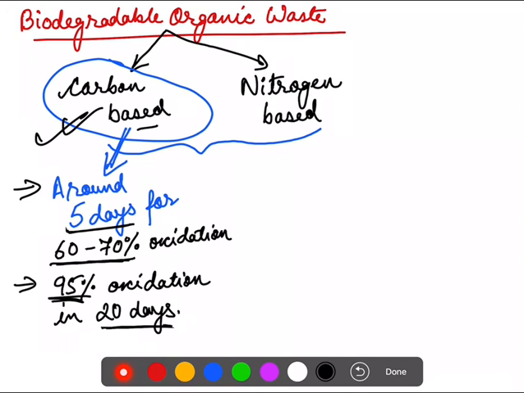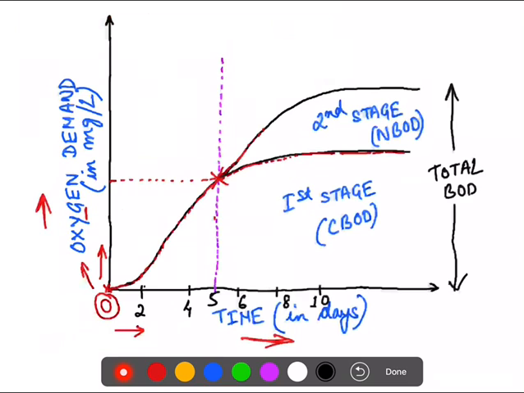So from day one, if I look into the graph again, CBOD means carbonaceous BOD. In this stage only carbon based organic compound is oxidized.